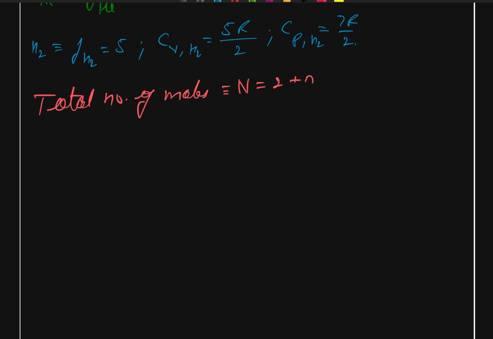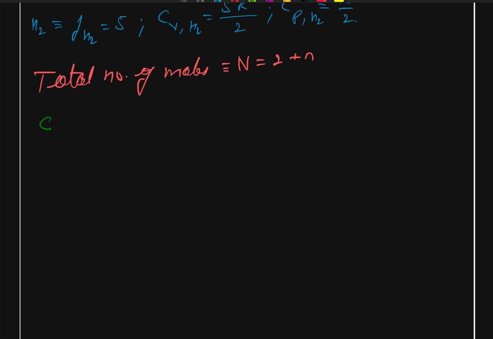Therefore, we can say that our Cv of mix will be equal to 2 times 3R by 2 plus n times 5R by 2 divided by total number of moles, and this can be written as 6R plus 5nR, R we can take common, so this will be 6 plus 5n, divided by 2 multiplied by 2 plus n.